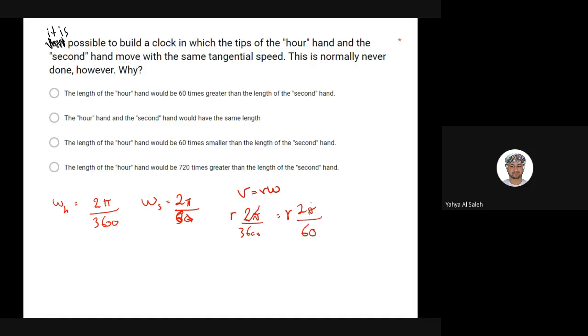Now the 2 pi's will go away. But you will end up with R hour over R second equals 3,600 divided by 60. 360 divided by 6 is 720. So indeed, this is the reason why.